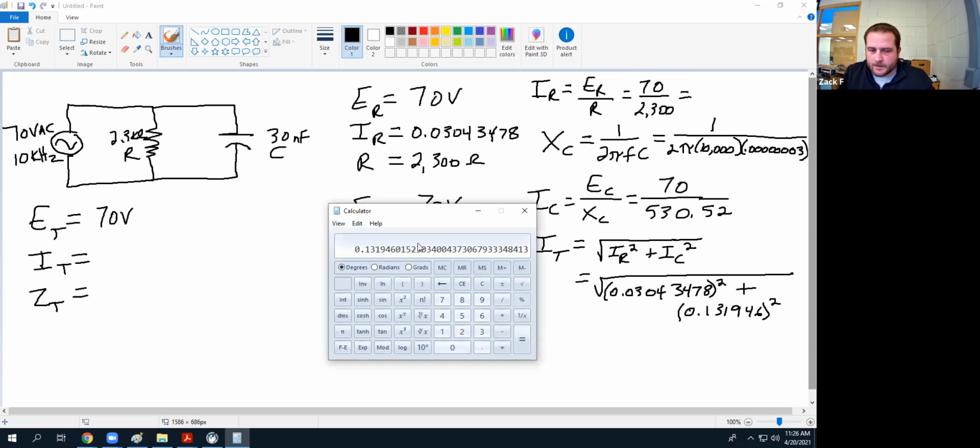I've already got the second number in my calculator, so I'm just going to hit squared, plus 0.030434778, squared, equals, square root. 0.13541 amps.